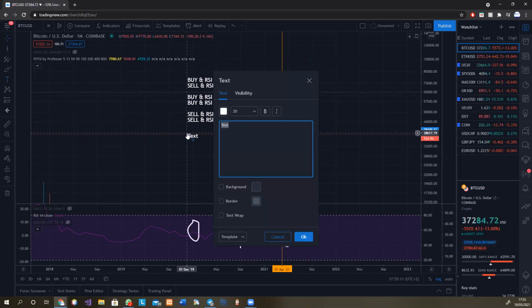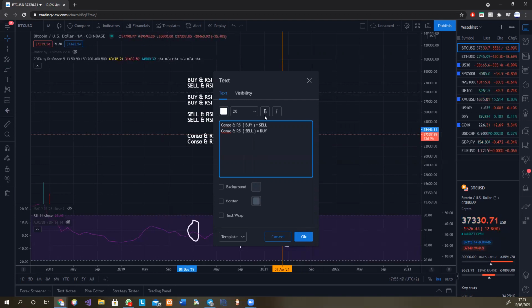If the market is consolidating and the RSI is buying, that equals to sell. Market is consolidating, excuse me, and RSI is selling equals to buy.